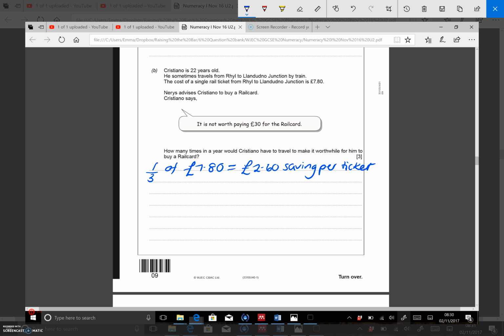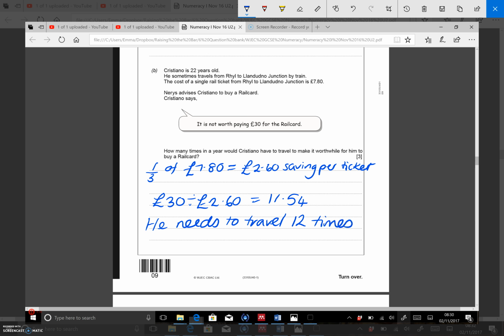He'd have to save more than £30. So you need to say, well, how many times does £2.60 go into 30? So 30 divided by £2.60 is 11.54. So he needs to travel more than this to make the saving. So he needs to travel 12 times to make it worthwhile.